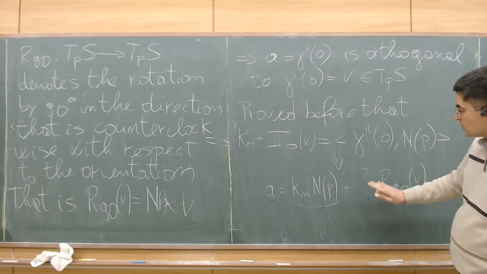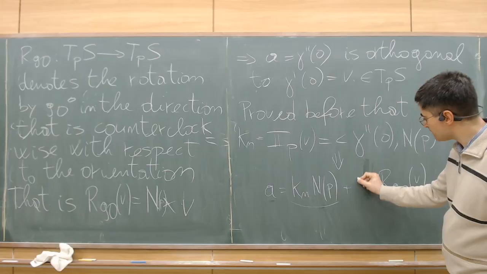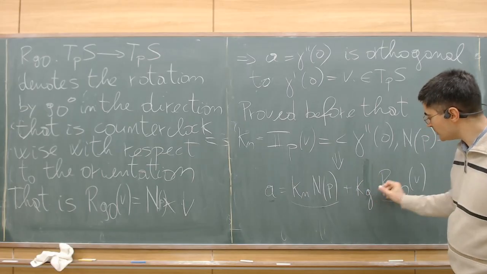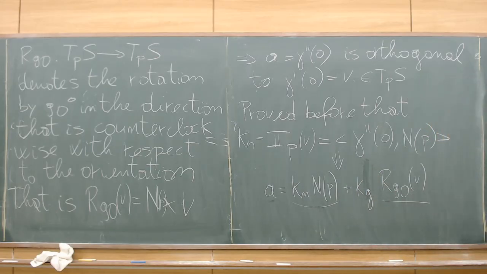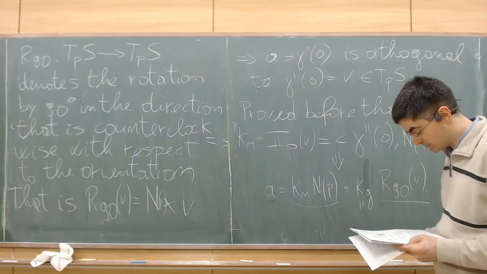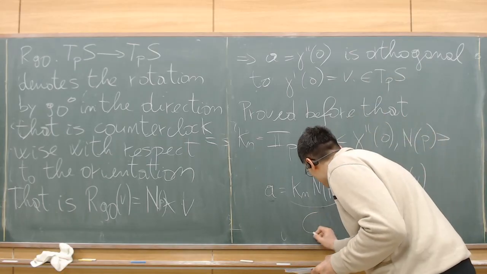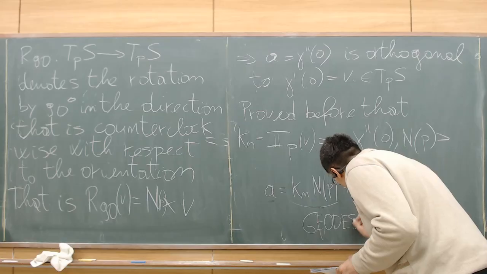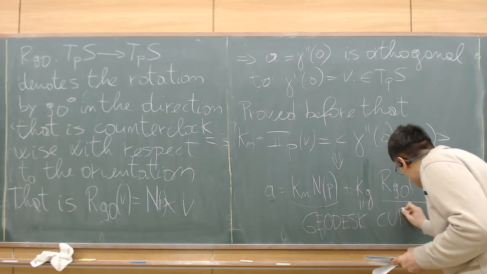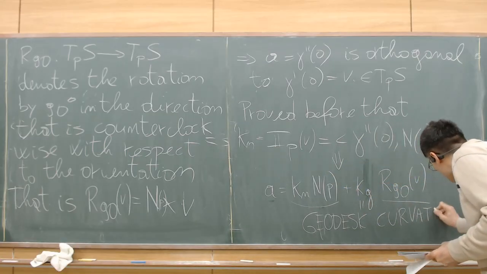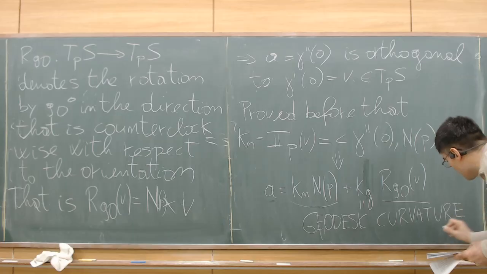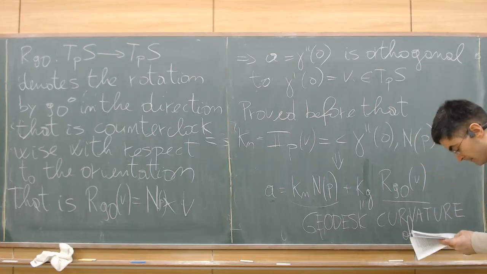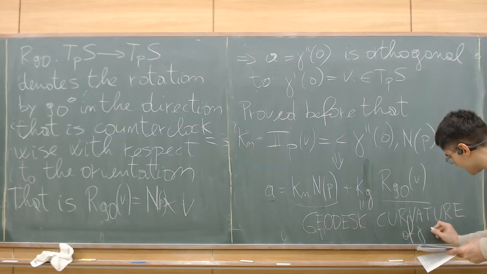The corresponding coefficient is denoted by Kg, and it is known as geodesic curvature of S of gamma at P.